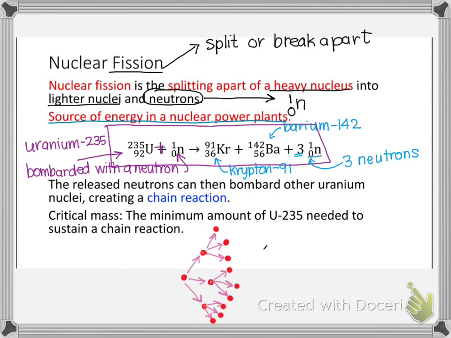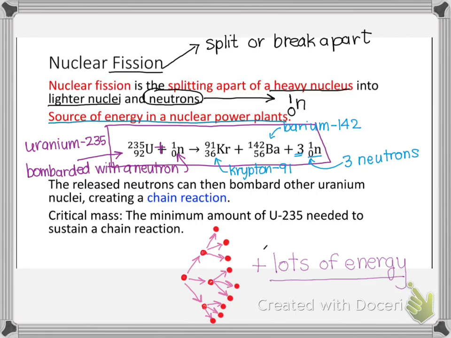Left uncontrolled, it's a chain reaction, and if you have a critical mass of uranium not controlled, it can lead to an explosion, because each time this reaction happens, we get lots of energy. That's the significance of making 3 neutrons as a product.